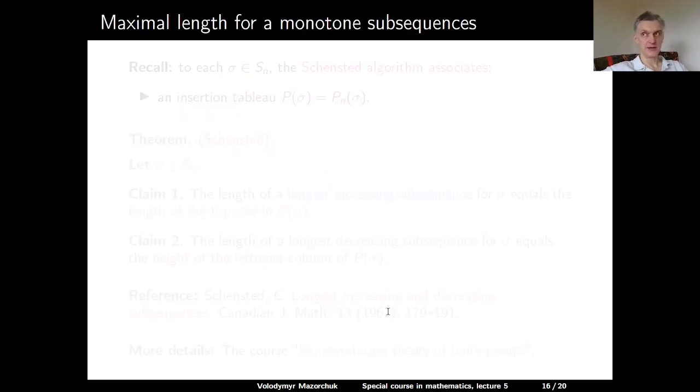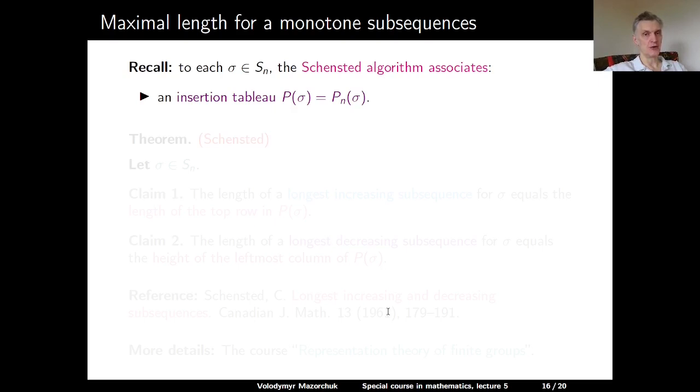Now we can come back to increasing and decreasing subsequences. So, to each element sigma in the symmetric group Sn, Schensted's algorithm associates an insertion tableau P of sigma. Here is a theorem which is due to Schensted. Let sigma be an element in Sn.